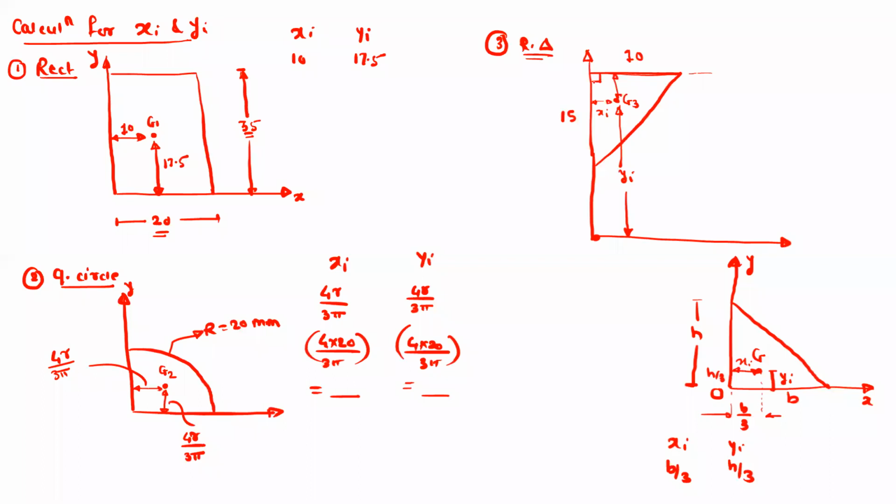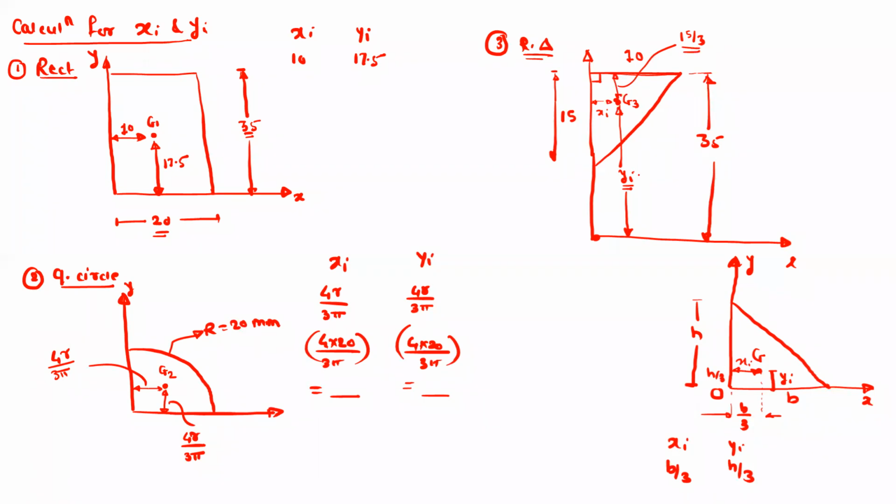We know that from 90 degree, position of center of gravity is at distance h by 3 and b by 3. This height is given 15, so this distance will be 15 by 3. But to get the y coordinate, we have to find out the distance of that center of gravity with respect to the x-axis. This total is equal to 35 mm. From 35 mm, subtract this 15 by 3.